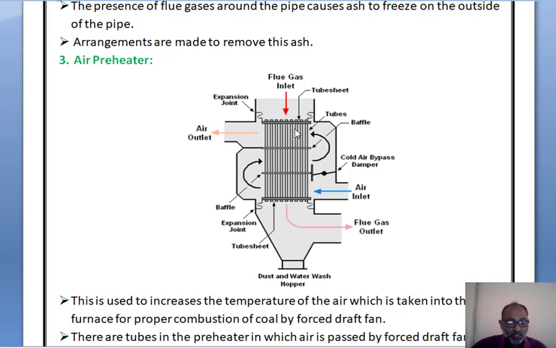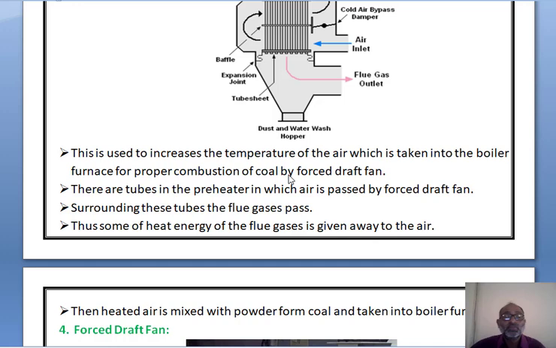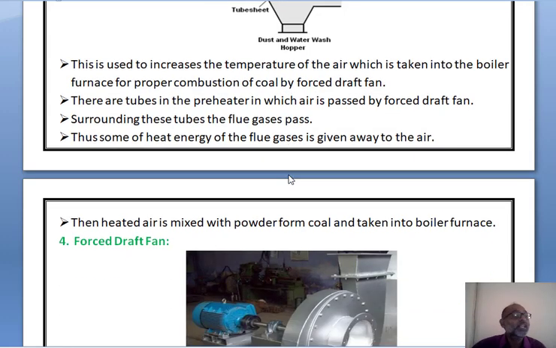Here you can see, the tubes are provided in the preheater in which air is passed by the FD fan. Now surrounding these tubes, the flue gases are passed. Thus, some of the heat energy of the flue gases is taken away by the air. And the efficiency of the power plant is also increased.